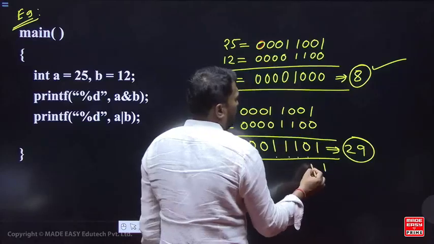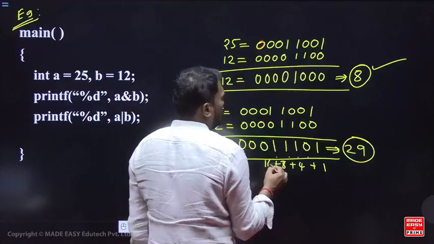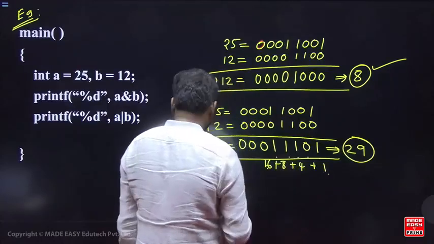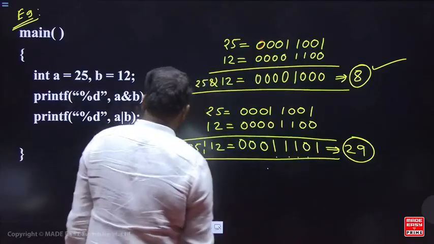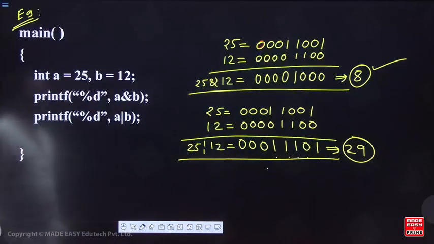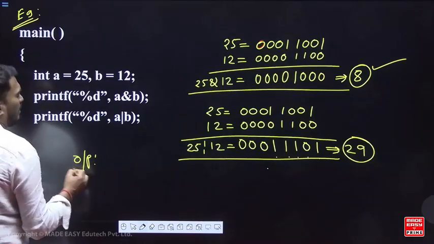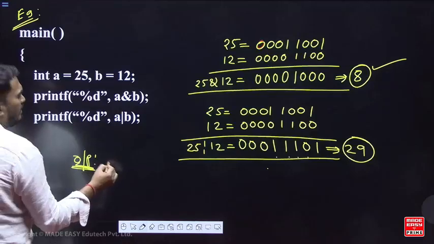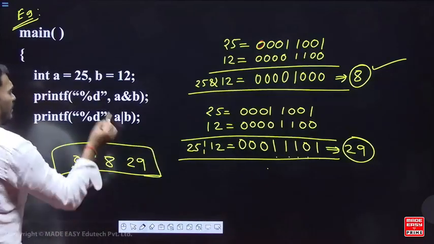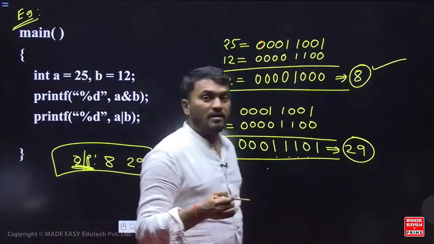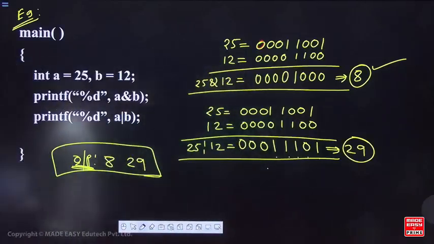So this is 1 plus 0, 4 plus 8 plus 16. So 20, 28, 29, correct? All of you know how to convert binary to decimal, decimal to binary. So bitwise AND करेंगे तो output will be 8. Bitwise OR करेंगे तो output will be 29. Remember, this is very simple, but it is used in the GATE questions. In the next class, in the GATE question they use.